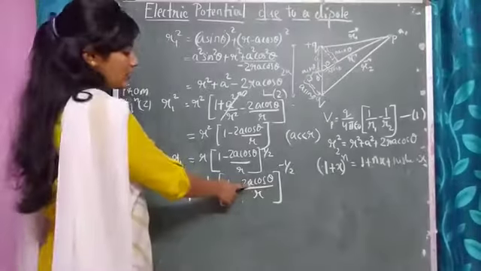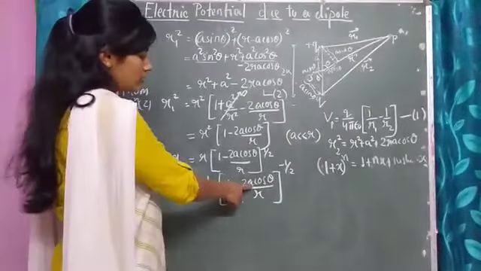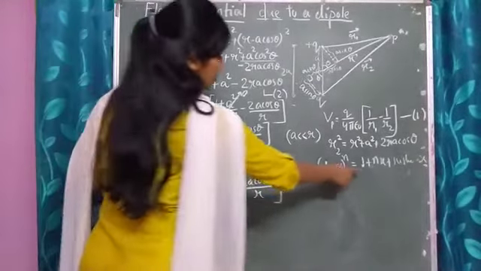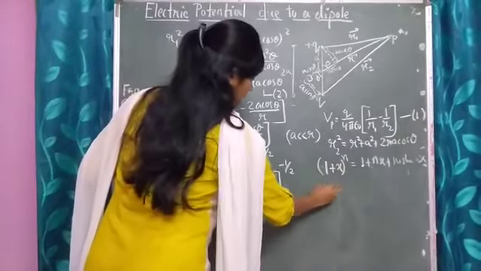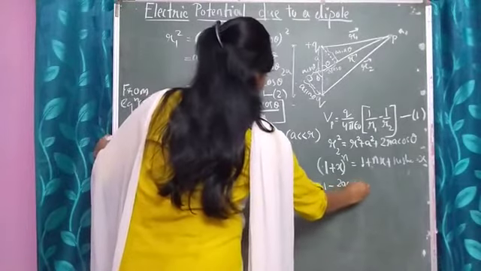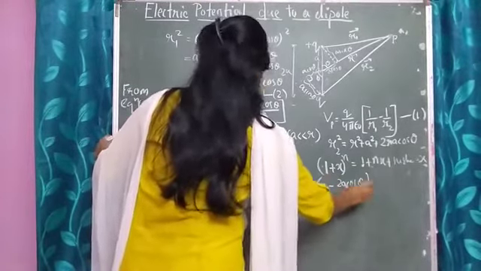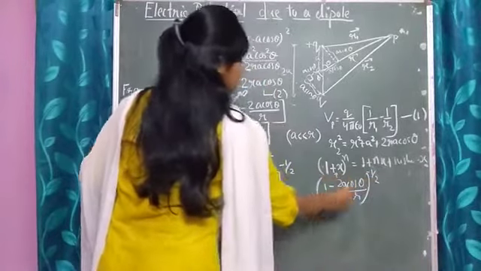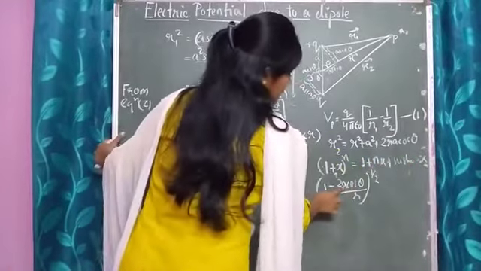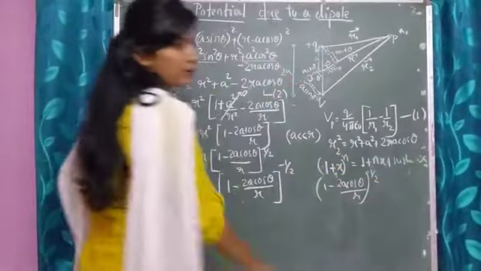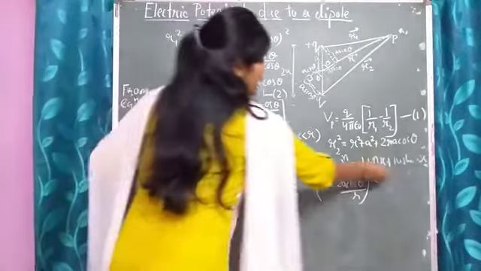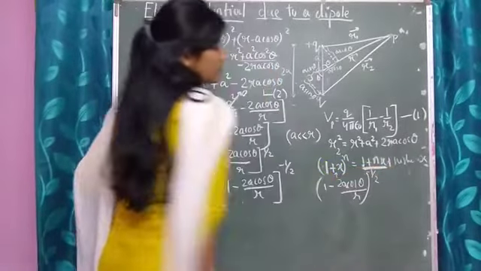Since our a is very small, if I use this expression here, 1 minus 2a cos theta by r to the power minus half, the higher powers of x means higher powers of a, which can be negligible. Then we can go for only this term.